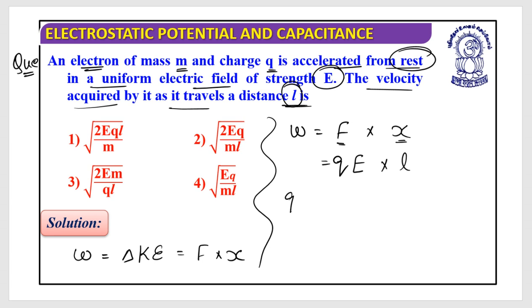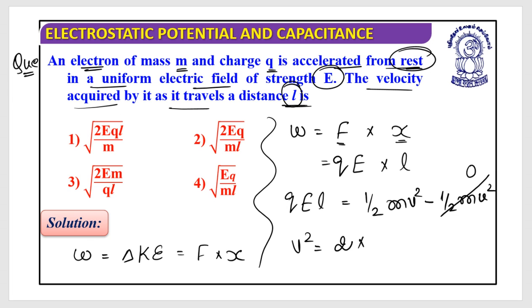So Q into E into L should be equal to half mv square minus half mu square, and as they have given starting from rest, this would be 0. What they require is the velocity, so v square should be equal to 2QEL divided by m.